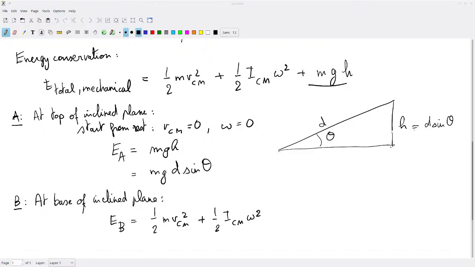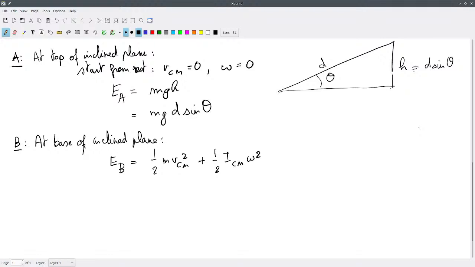So now again, we can split up our situation into rolling without slipping and rolling with slipping.